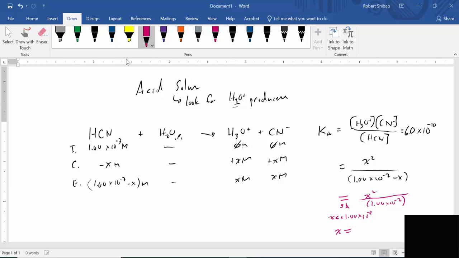Skipping some steps, I get 7.745. I usually carry all extra digits, but I'm not going to carry all of them. They're just too many digits to carry. Maybe up to 7.7459. Should be good. Times 10 to the minus 9.